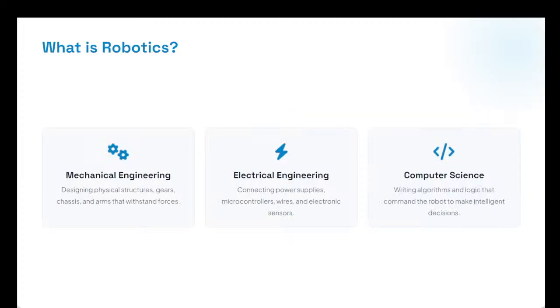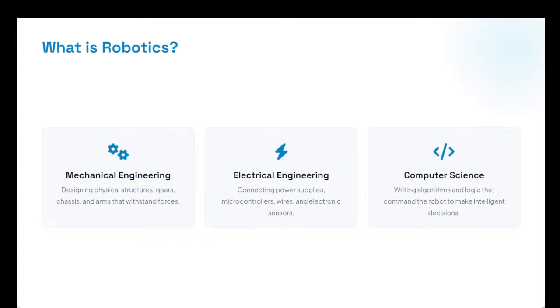Electrical engineering: connecting power supplies, microcontrollers, wires, and electronic sensors. That means that they are the ones connecting the electrical power into the actual robot, and it shows us that the sensors are being connected with the electronics, wires, and microcontrollers, which is also a big part of robotics.